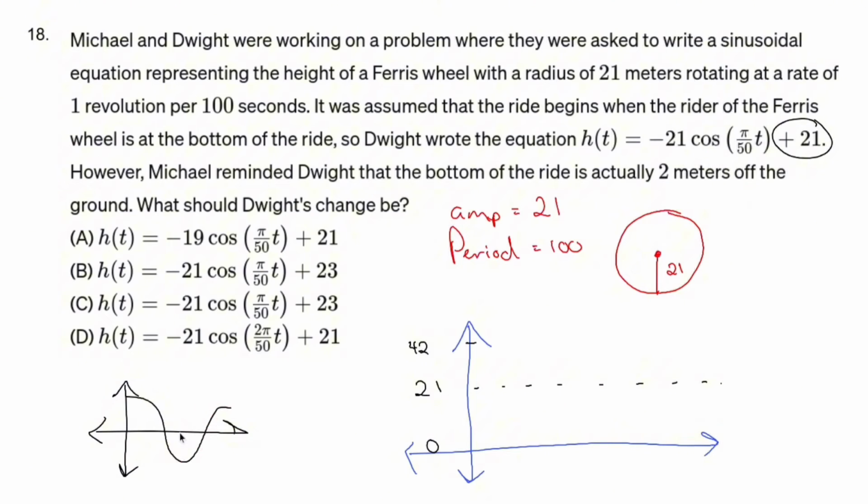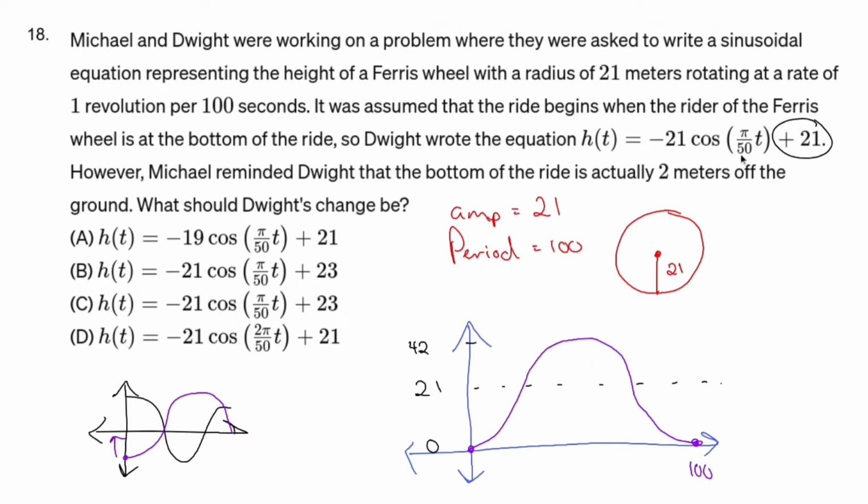Cosine looks like this, but we're starting at the bottom, which starts down here and looks like that. Now if we shift that up the amplitude, we are now starting out down here, and the height is going to go up, come down, and repeat itself at 100. So given what we have, Dwight looks like he did a pretty decent job.